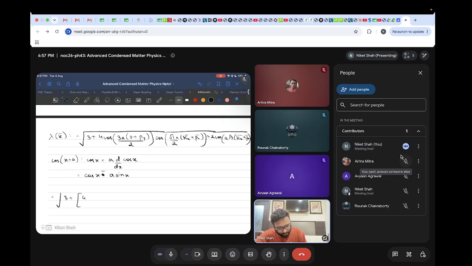So 4 cosine of 0 plus 4 py minus 4 py into sine of 0, which is 0. Okay, so py is not contributing much, as we can see here.